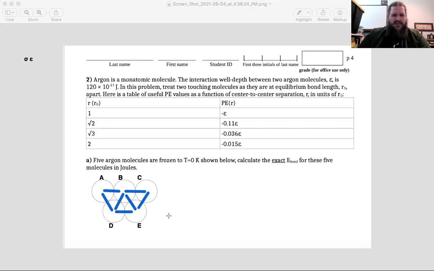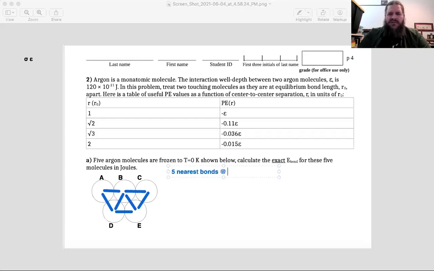And I think that's all of them because it looks like none of the other ones have any other neighbors to be bonded to. For instance, A has only these 2 nearest neighbors. B is nearest to all 4 of the others. D has 3 nearest neighbors, so does E, and then C has 2. So that means that we have listed out all of the nearest neighbors. So 5 nearest neighbor bonds.